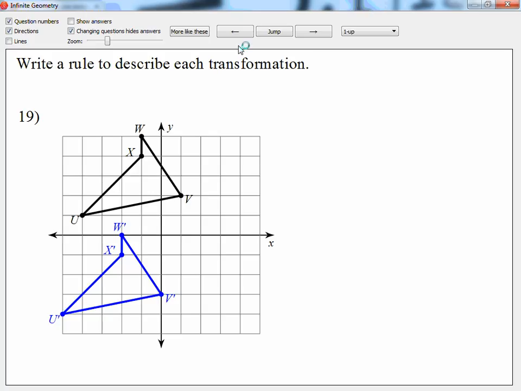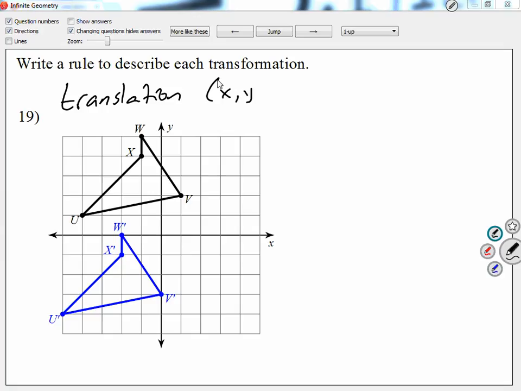So we're going to write the rule. Let me just come over and say, well, it's a translation where x and y becomes... How much are we moving to the left? We're moving 1 space to the left. So let's go x minus 1. And then we're moving down, right? How much are we moving down? What was it? 5.